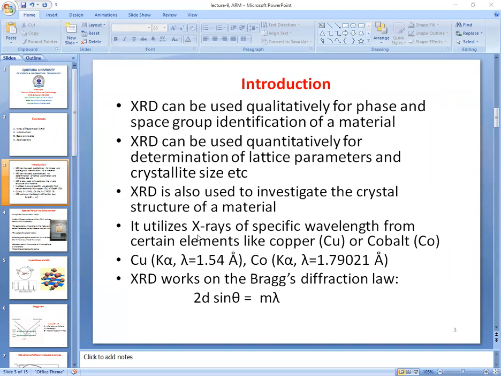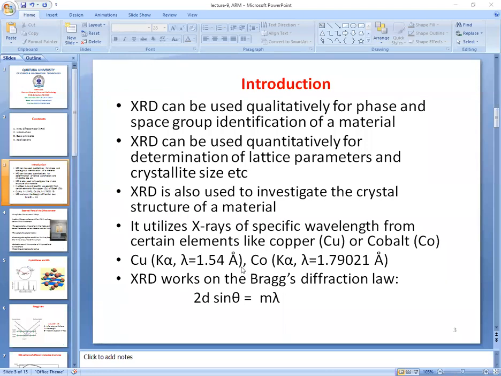It utilizes X-rays of specific wavelength from certain elements like copper or cobalt. The X-rays obtained from copper have a wavelength of 1.54 Angstrom, where K alpha is basically the K characteristic X-rays.